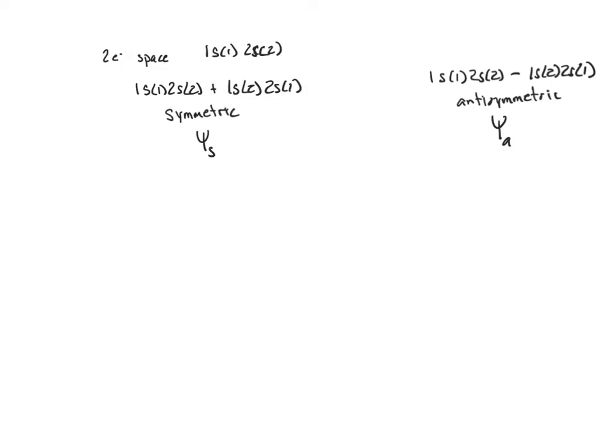Our full wave function is the space wave function times the spin wave function. So notice that if I take a space wave function that's symmetric, it has an eigenvalue of +1, and I combine it with a spin wave function that is also symmetric, so alpha 1, alpha 2, for instance, with an eigenvalue of +1, then with exchange I will still get an eigenvalue of +1 because +1 times +1 is +1.